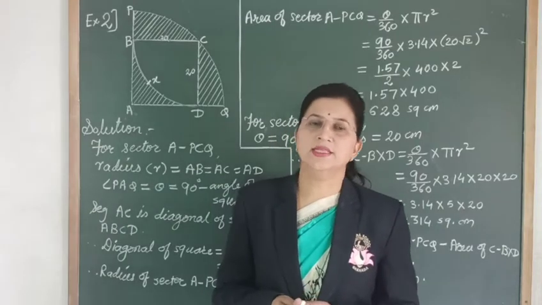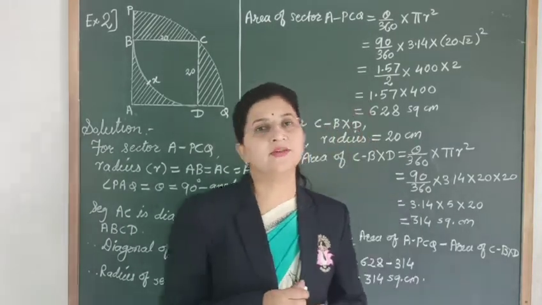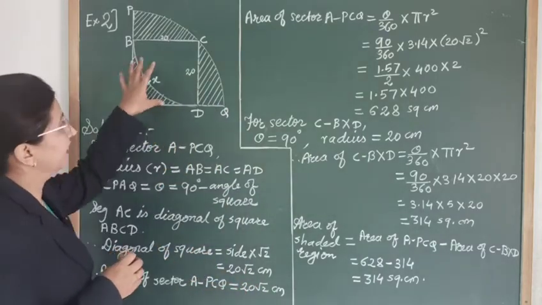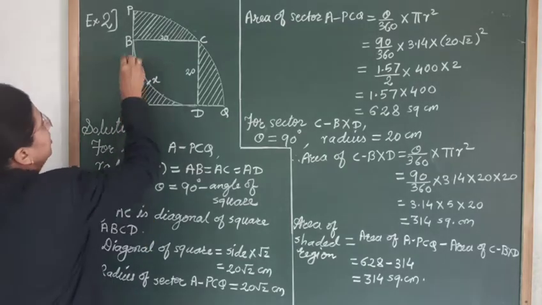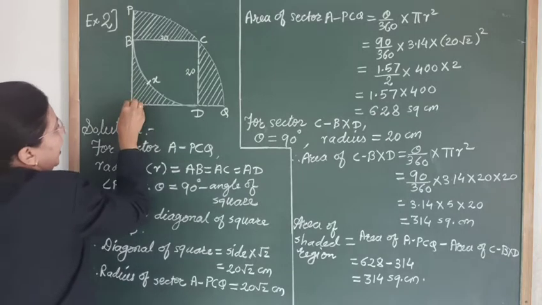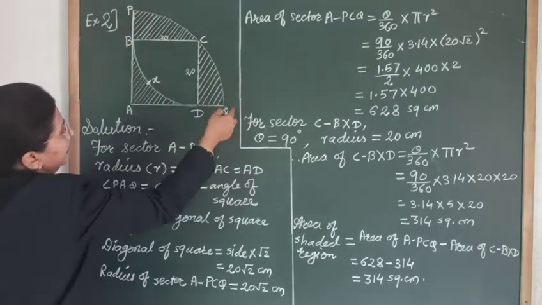Dear students, in this question, we are given a figure. If you observe the figure, you will find that it is a combination of two sectors. One is the sector with center A, that is A-PCQ.